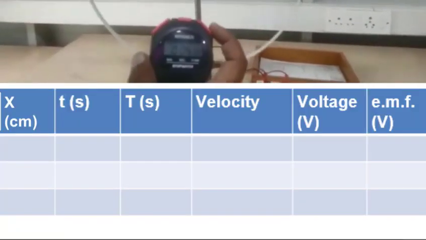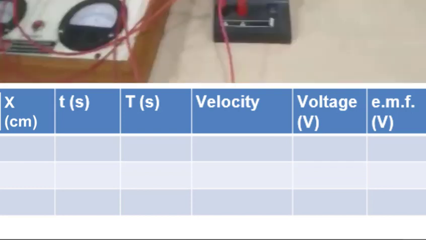Note these observations in this table. Here the position of masses x must be written in this column, and as a function of x you need to take note of small t, capital T, velocity and the total voltage up to which the capacitor has been charged, and the EMF.